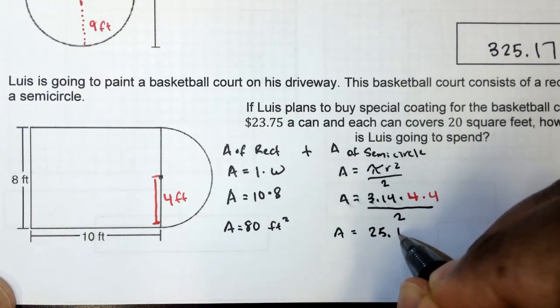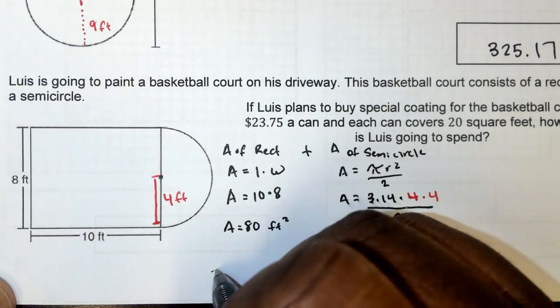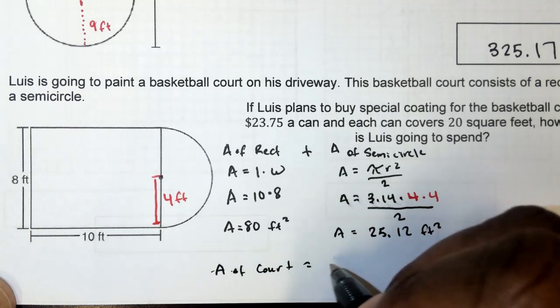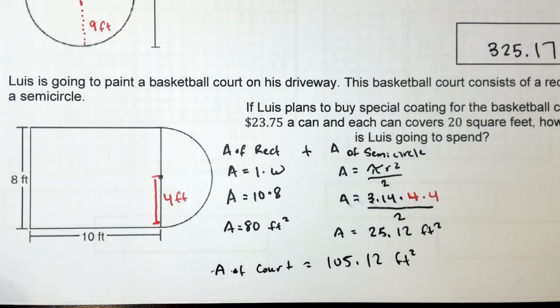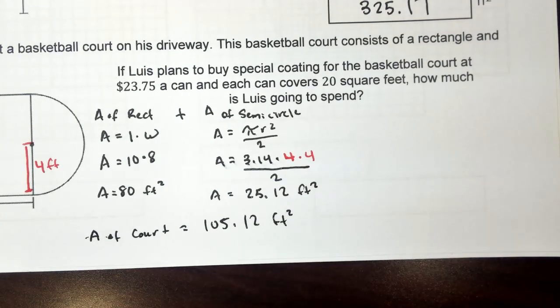After that, we want our total area of our court, so we're going to add those together. Yep. Area of the court would equal 105.12 feet squared. So that's what we're working with, 105.12 feet squared. You okay with that, Christella? You're going to have to be anyway.